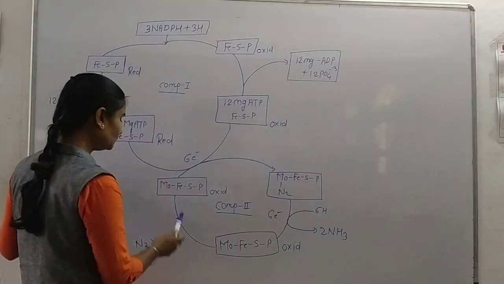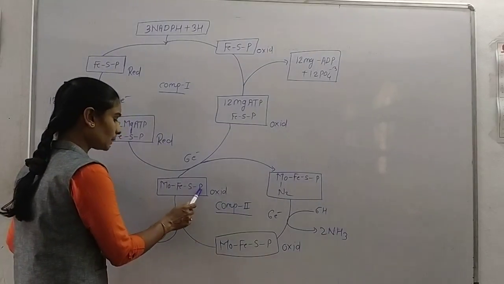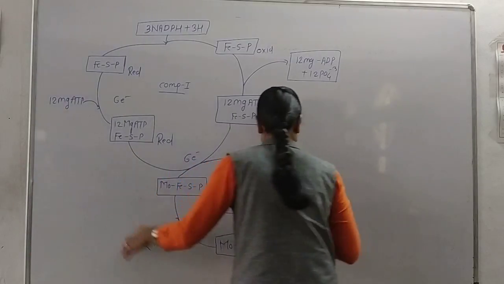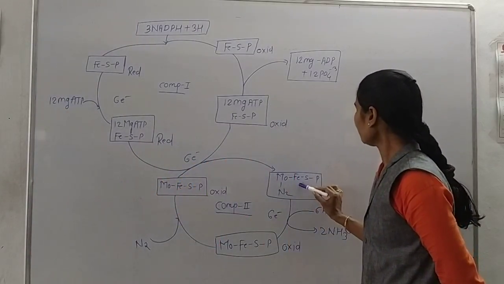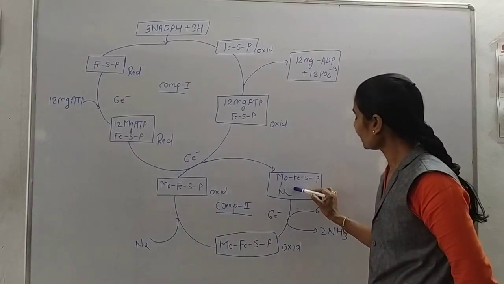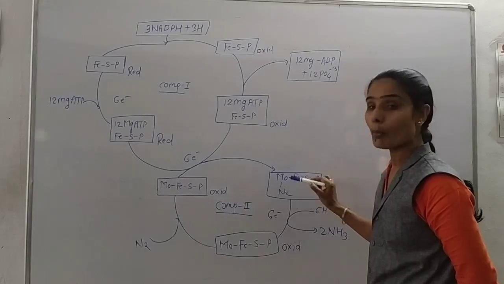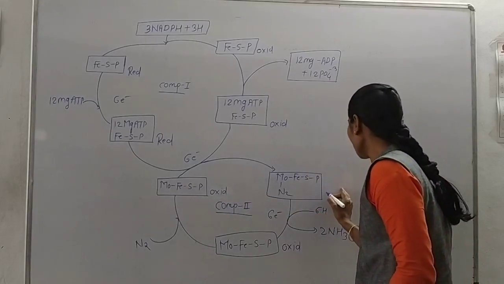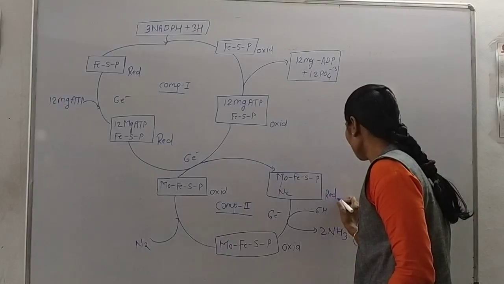For component 2, this molybdenum iron sulfur protein accepts atmospheric nitrogen and is converted into the molybdenum iron sulfur protein dinitrogen complex. And this dinitrogen is attached only to the molybdenum, and its oxidized form is converted into the reduced form.